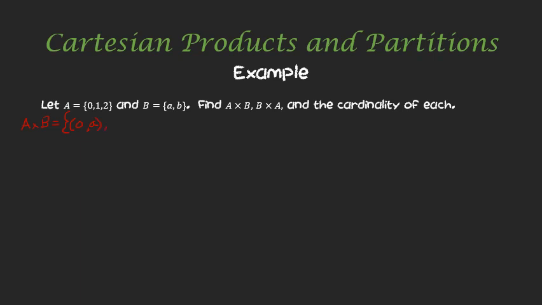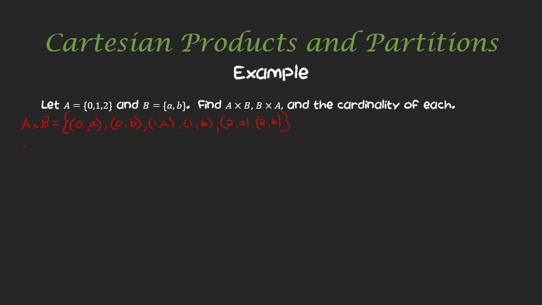There's one ordered pair where 0 is in A and a is in B. We could have the ordered pair (0, b), and we could have the ordered pair (1, a). I think you're getting it now. (1, b), (2, a), and (2, b). And so there's the set of ordered pairs where the first coordinate comes from A and the second coordinate comes from B.